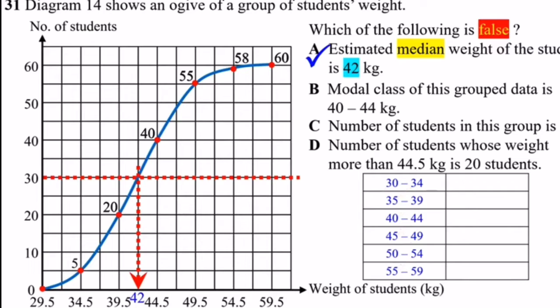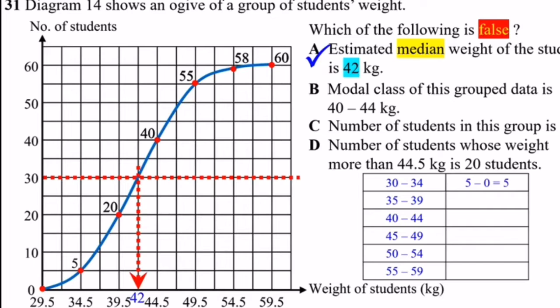So now we will fill up the frequency. From the cumulative frequency, we read out the frequency. Let's read the points. The beginning is 0, followed by 5, so 30 to 34 is 5.